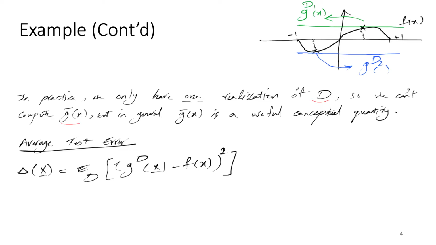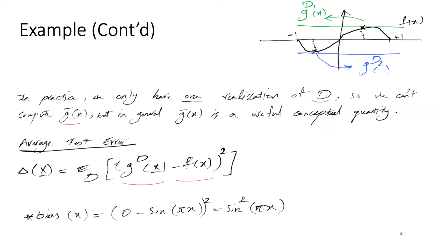All right. So also we define average test error, delta x, which was the expected value of the difference between your g and the f squared.